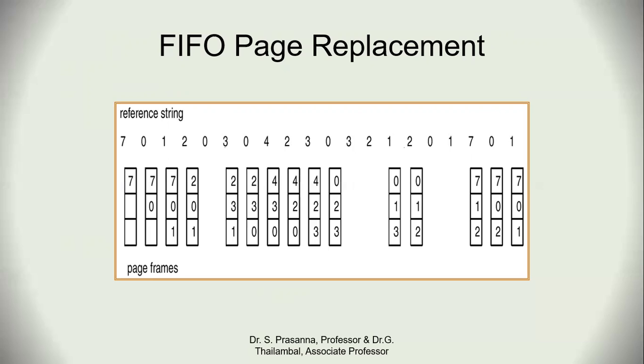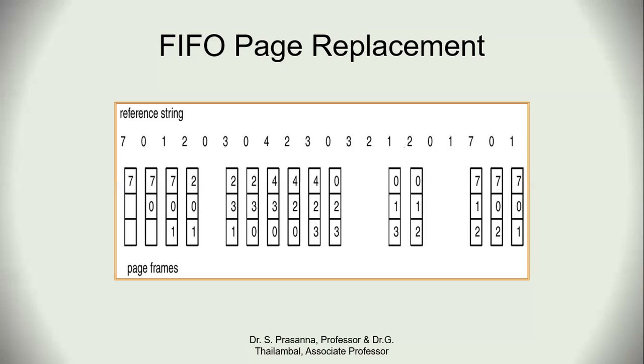And when you go for 2, what is the victim? 2 is not available in 7, 0, 1. So therefore, one of the pages needs to be taken as a victim. So 7 needs to be taken as a victim because it came first. And similarly, when it goes for the next string 0, 0 is already available. So there is no page fault. And when you go for 3, 3 is not available.